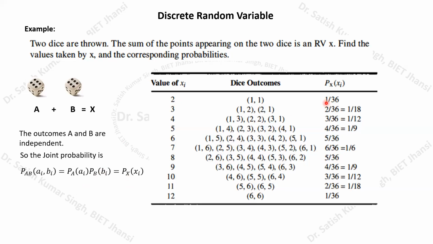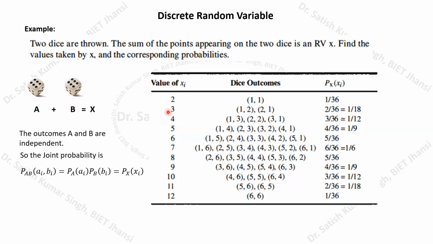So the probability of getting this summation equal to 2 is 1 by 36. Similarly, if the first dice shows the number 1 and the second dice shows the number 2, then the summation will be 1 plus 2 equals 3.